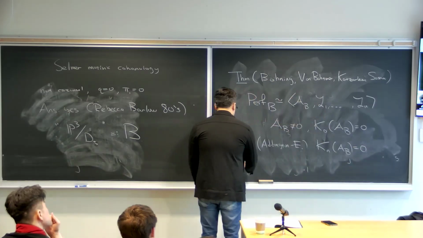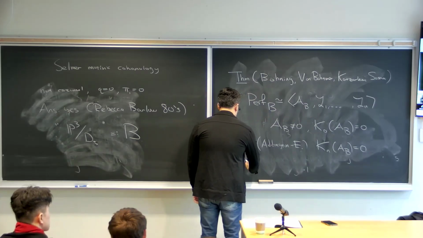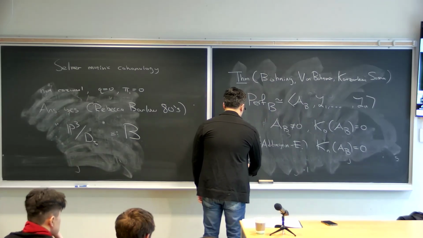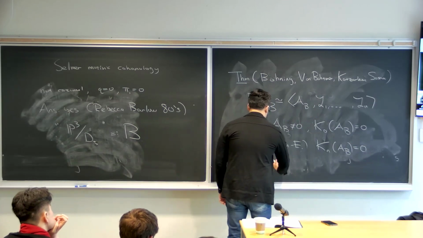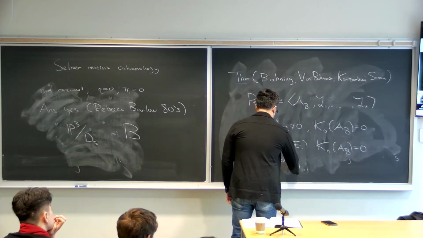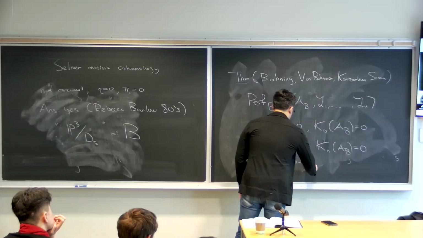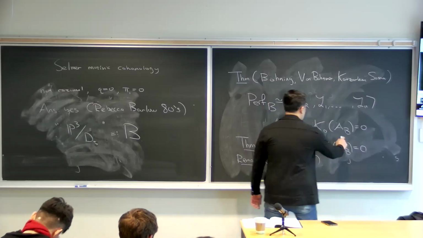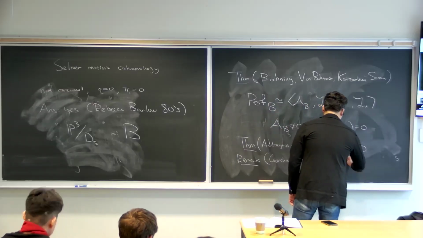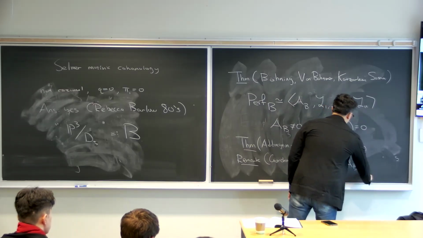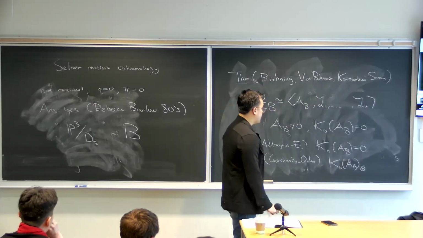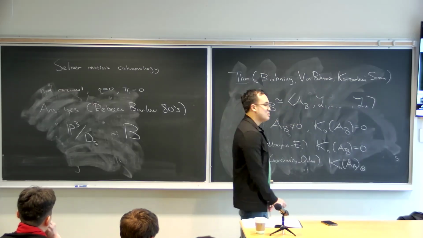So let me make a remark. This is a result due to, I guess, Gorchinskiy-Orlov: rationally, the higher K groups of any phantom will be zero.